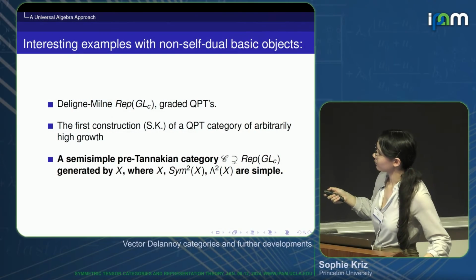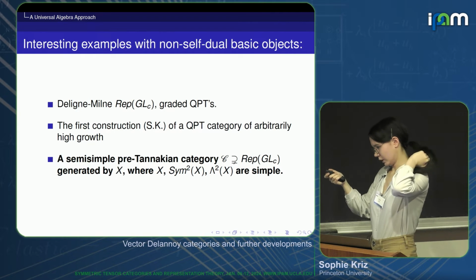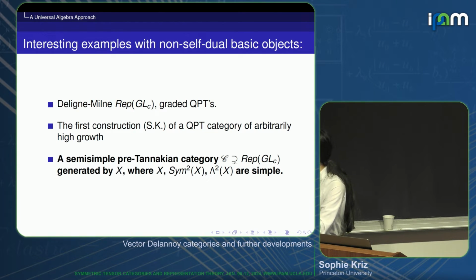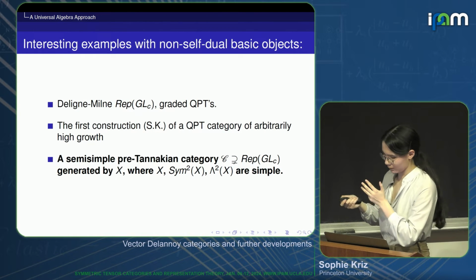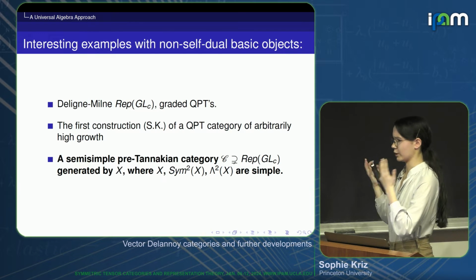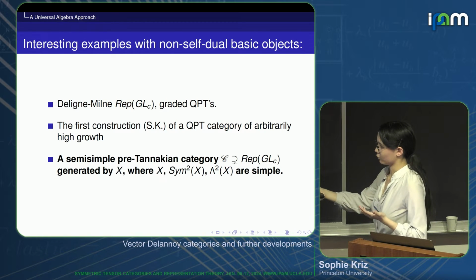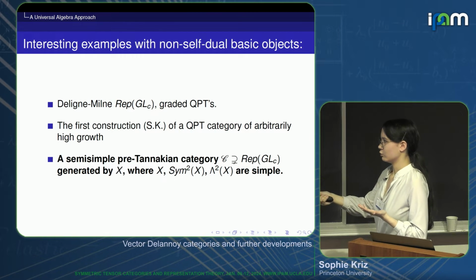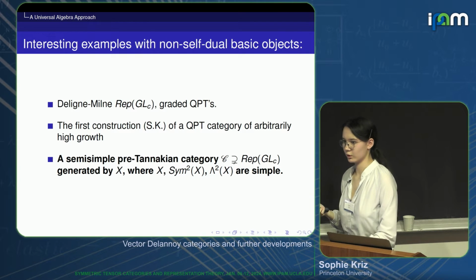Yeah, so for this formalism of T-algebras, one thing which I will maybe touch on later is that you can construct some interesting examples with it. For example, one thing I was interested in was the very basic question of whether there's a semi-simple pre-Tannakian category C, which contains but is not equal to rep of GLC, generated by some basic object X where Sym2 of X and Lambda2 of X are simple.